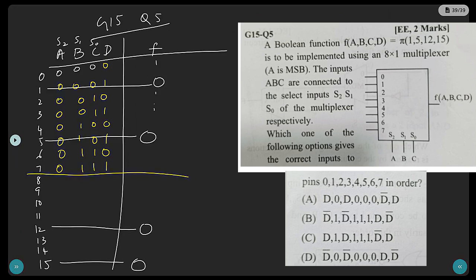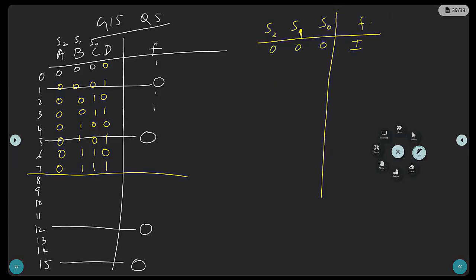So what we see, they want you to draw the relationship between, I'm going to draw the truth table for multiplexer. If you give 0 0 0, output is I naught. Seems like I'm trying to draw the relationship between D and F. When D is 0, we know that when you give 0 0, I naught will be connected. When D is 0, F is 1. When D is 1, F is 0.